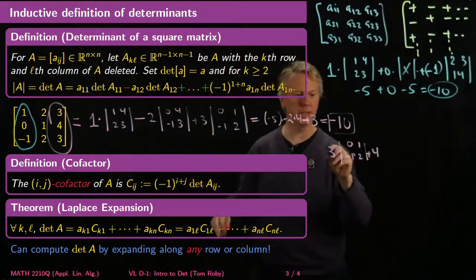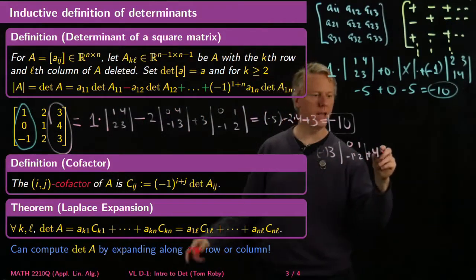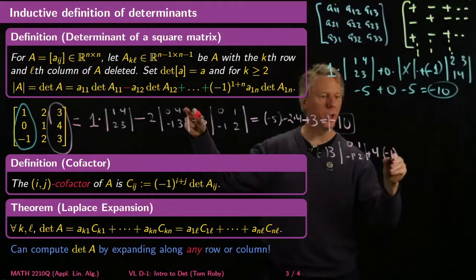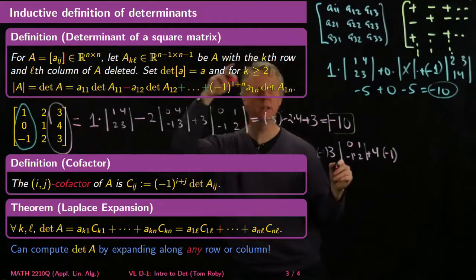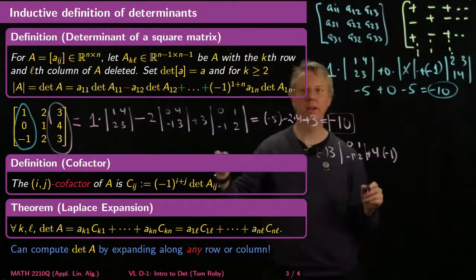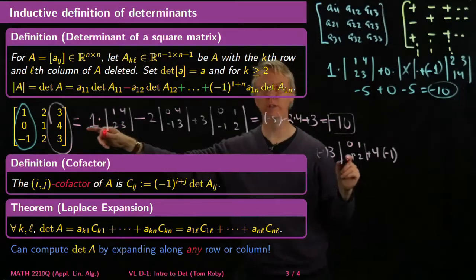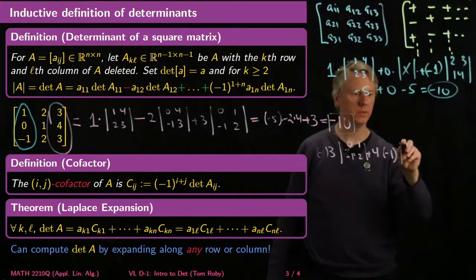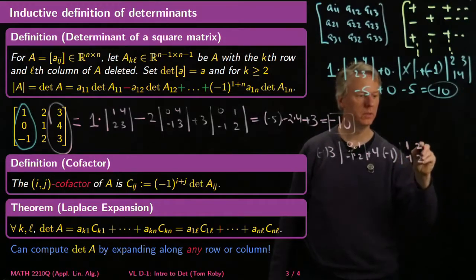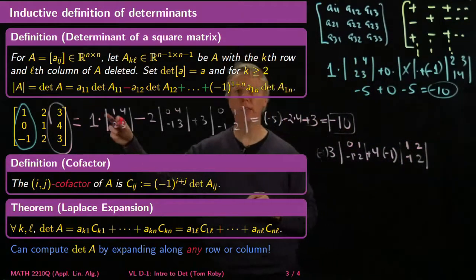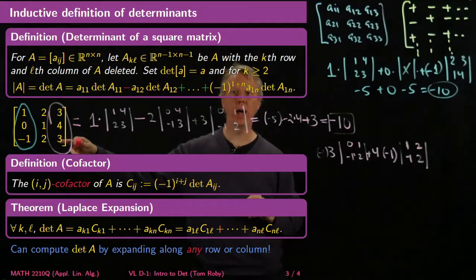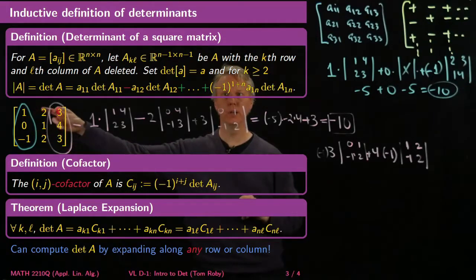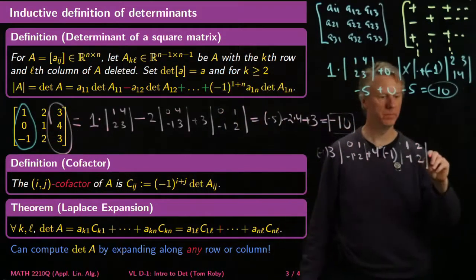So this one is a plus. And now it's going to be plus 4 times minus 1, because this should be a negative sign here, times the determinant 1, 2, negative 1, 2. And then the last one is positive 3 times 1, 2, 0, 1.